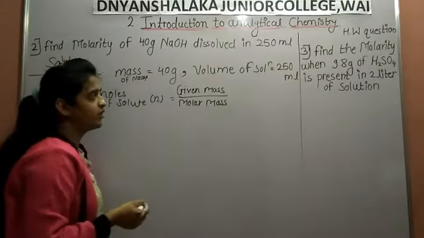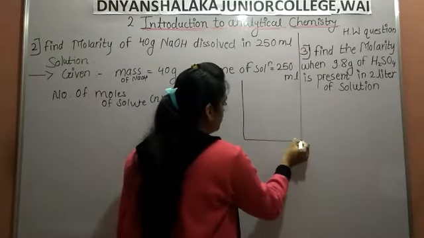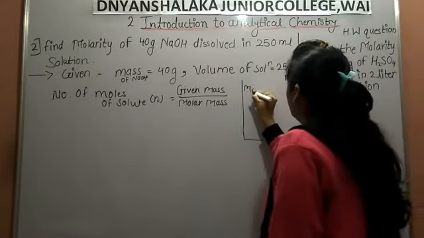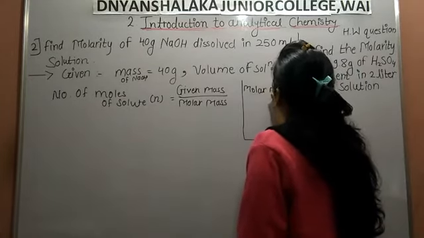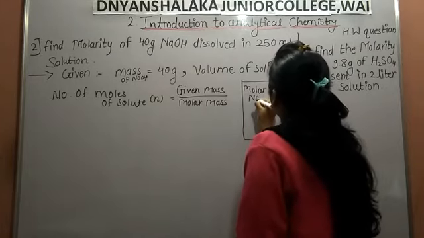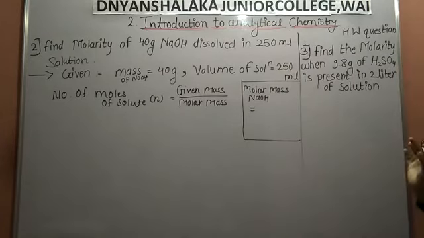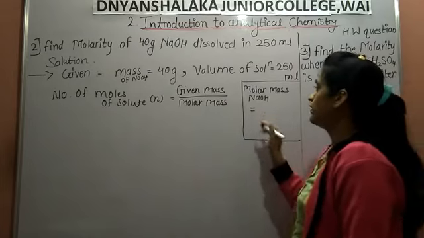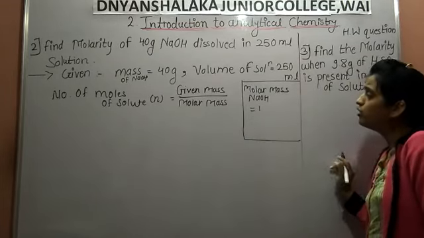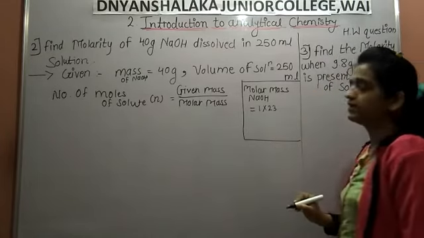Substance means NaOH, so first we have to calculate the molar mass of NaOH. I hope you have learned the atomic masses of elements. Sodium: number of atoms present in this compound is only one, so 1 into atomic mass of sodium, which is 23.